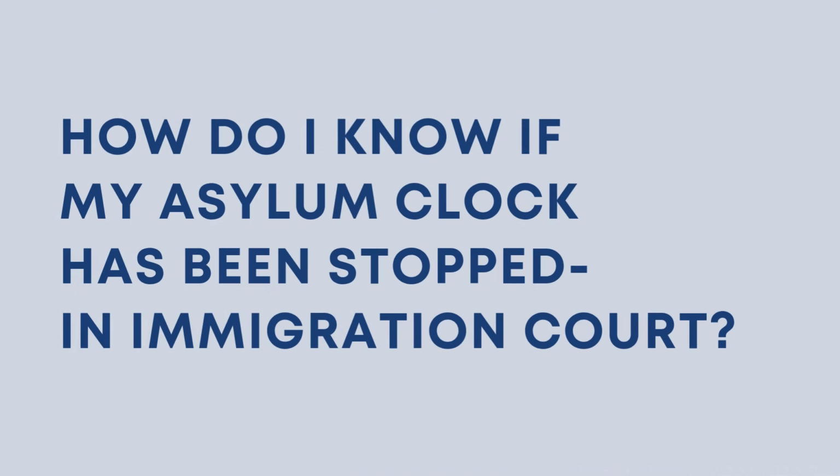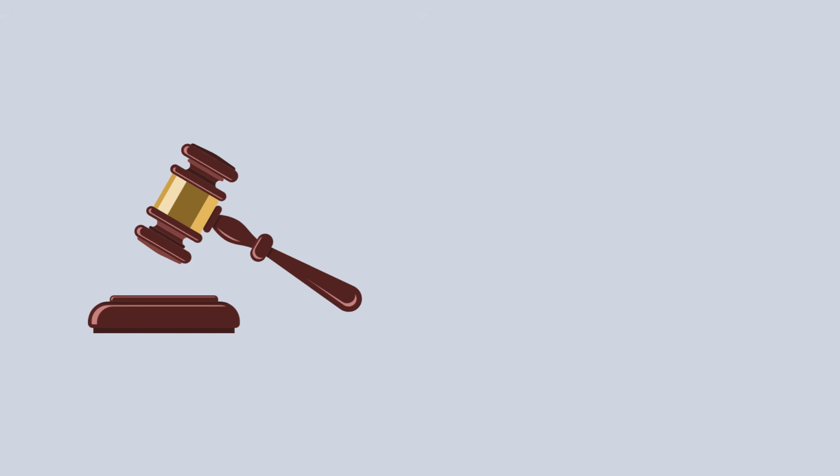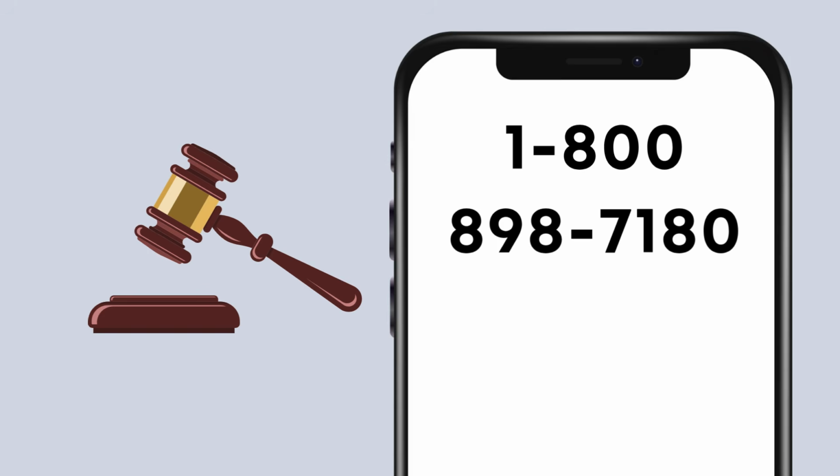How do I know if my asylum clock has been stopped in immigration court? If you applied for asylum in immigration court, there may be a problem with your clock if you call the hotline and your clock is not adding new days, or if the hotline says there is no clock.